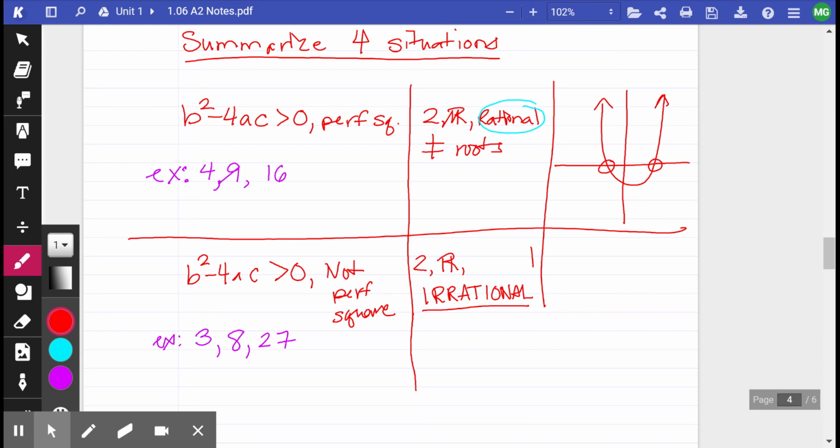Two real irrational, again, not equal roots. So on your graph, it would hit the axis 2 times, but the 2 times where it hits, they would be irrational numbers. So you'd have long decimals there.